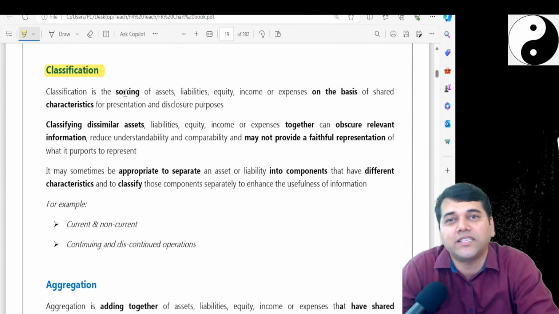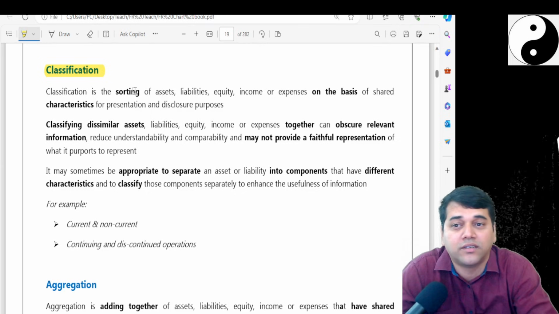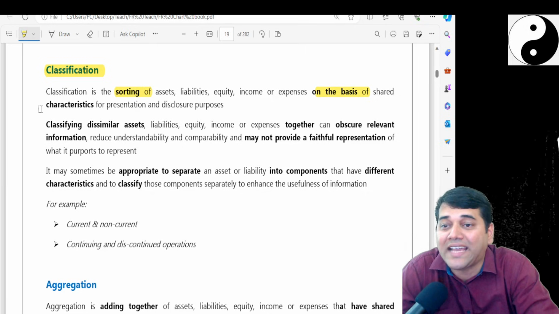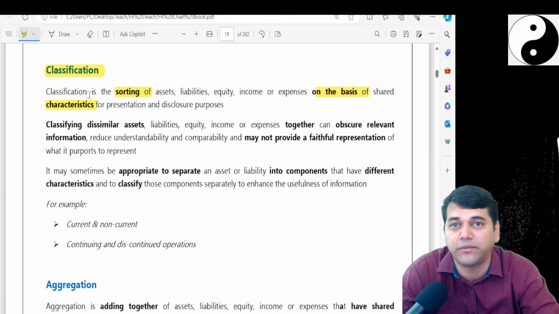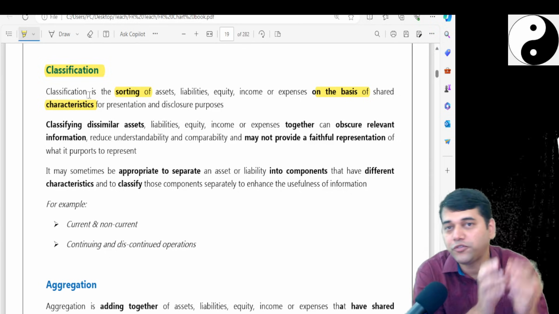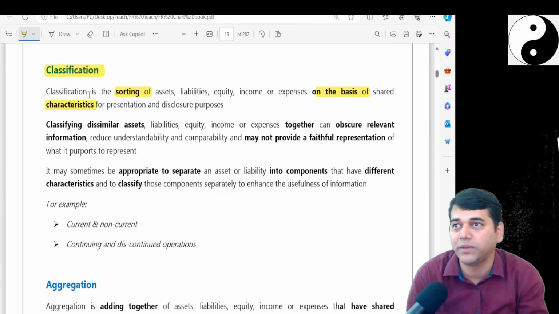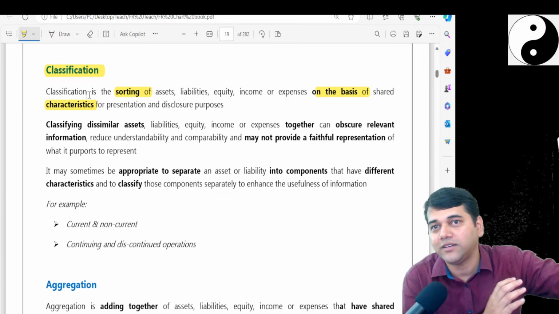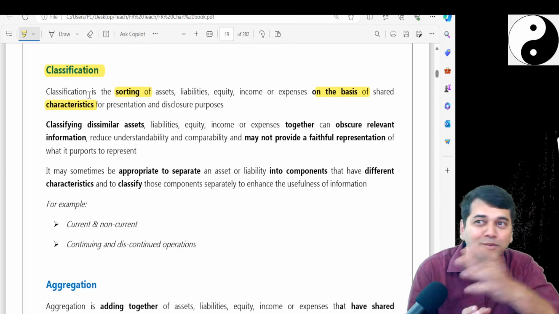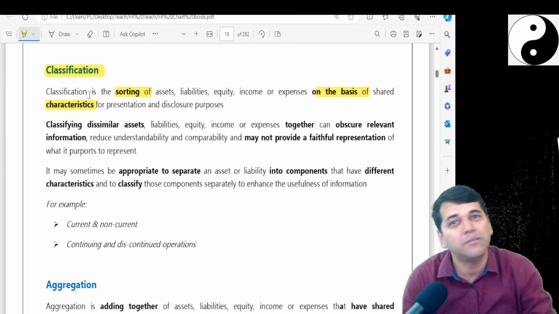Classification. Okay, next comes the classification. How should you sort it? The sorting of the assets, liabilities, equity, income should be based on the characteristics. That's why if you see my concept book, first I do one grouping. If you see my Q&As, I do one grouping. If you see the study material questions, they say that they do grouping, but there is no grouping as well. Test your knowledge is a mixture.